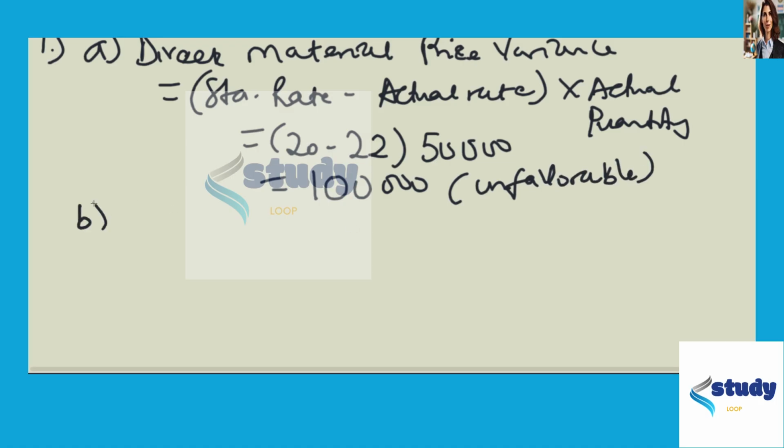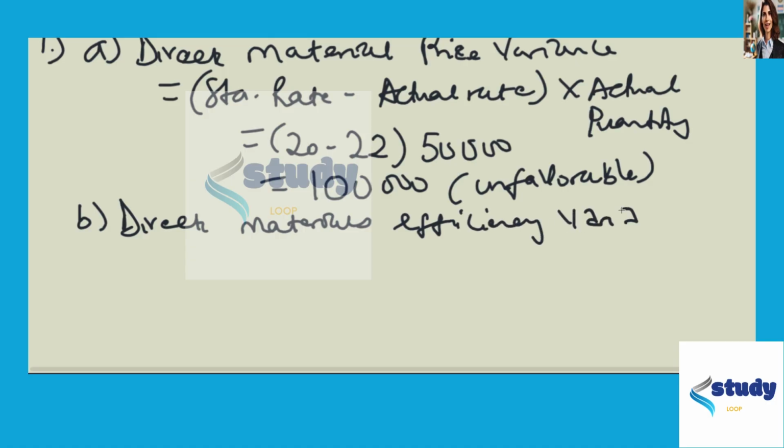Now the second question is the direct materials efficiency variance.